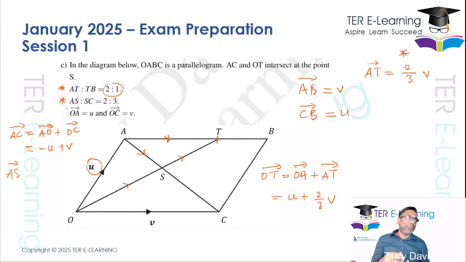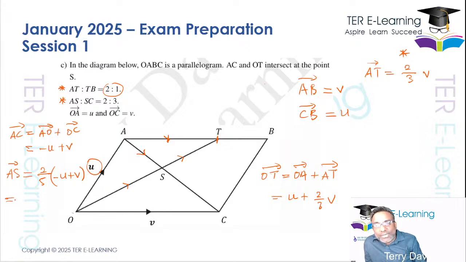Whenever you see a ratio, you're breaking up the line into, in this case, 5 equal parts. So the vector AS is going to be 2/5 multiplied by whatever the vector AC is, which in this case is minus U plus V. I really didn't want to do it on this page because it's going to look a little cluttered.